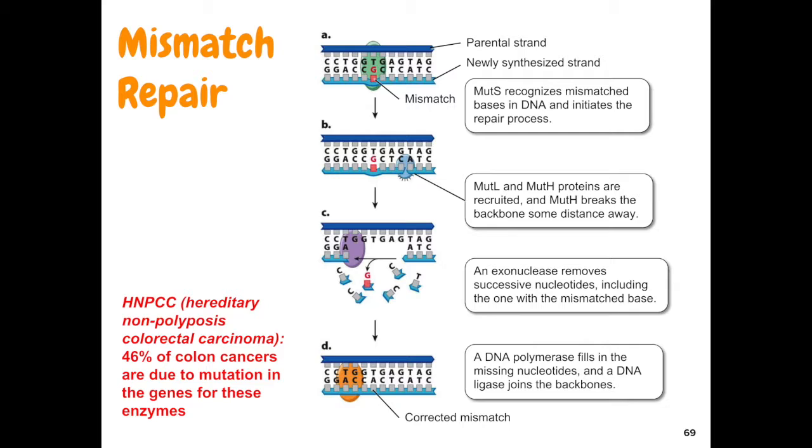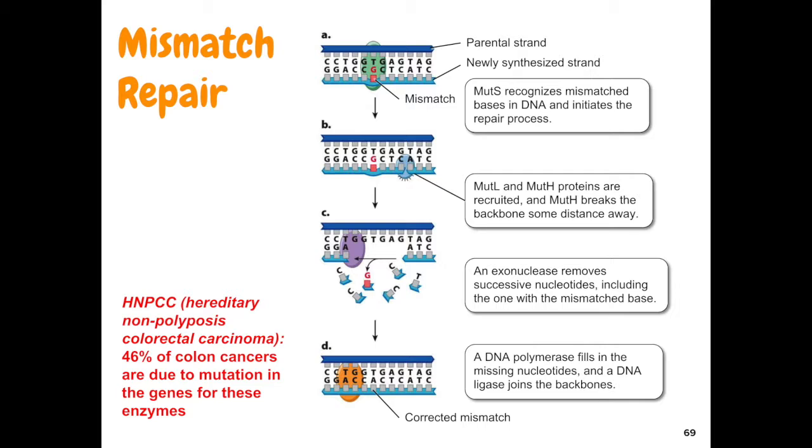In order for that repair process to happen, proteins, in this case mut-L and mut-H, are going to be recruited, and mut-H is going to break the backbone of the newly synthesized strand that has the mutant nucleotide in it. An enzyme is going to remove some of those nucleotides, including the one that is wrong.